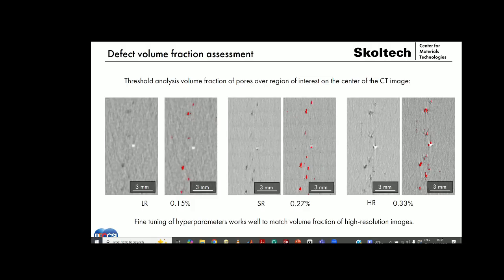So there is an enrichment, which is good, but this was done by fine-tuning of the model. We basically took our model and fine-tuned the parameters to match the specimen. This is a problem because for each new dataset, we have to go through this process again.